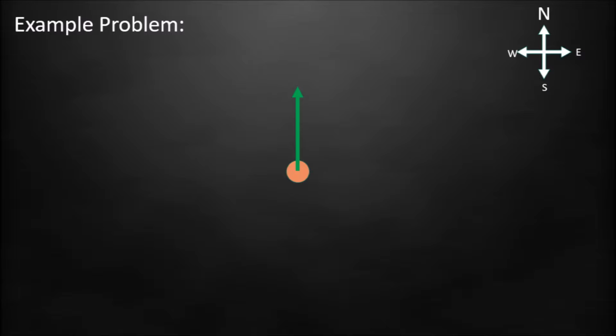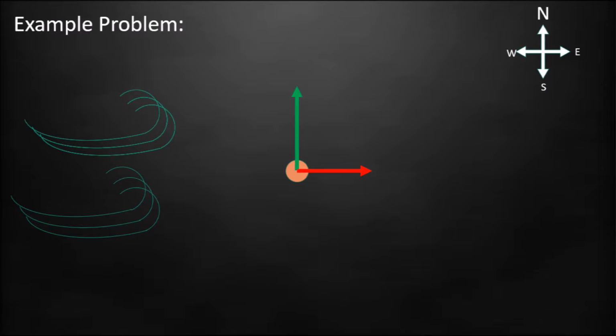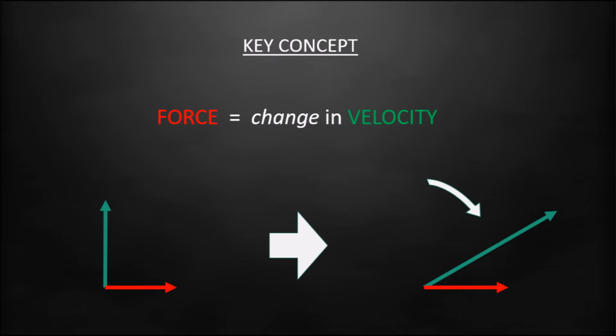Then, let's say some wind starts to blow from the east and begins to push on the ball. You can represent the force of the wind, again with a vector, pointing east. The reason we're talking about vectors is to visually represent these velocities and forces, which will make more sense later on. Now, here's the key conceptual idea you need to understand everything from this point onwards.